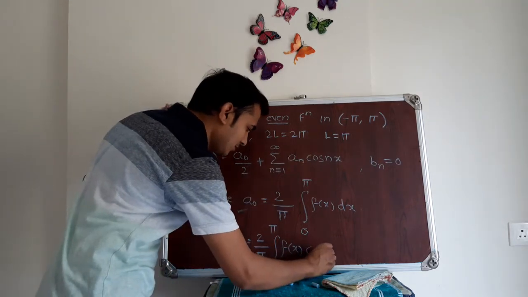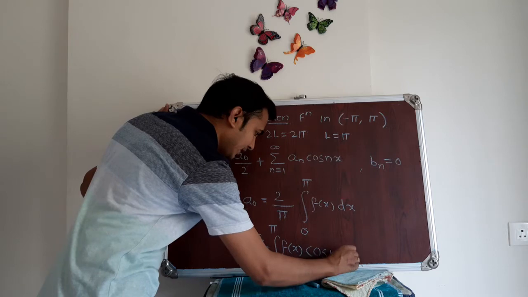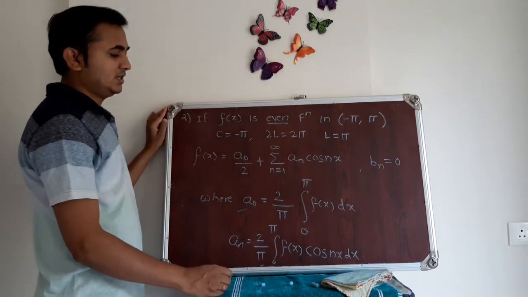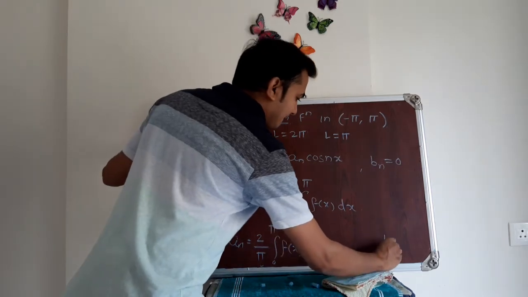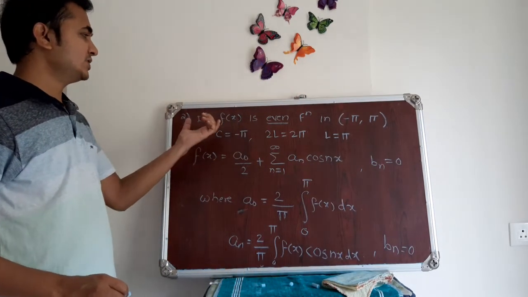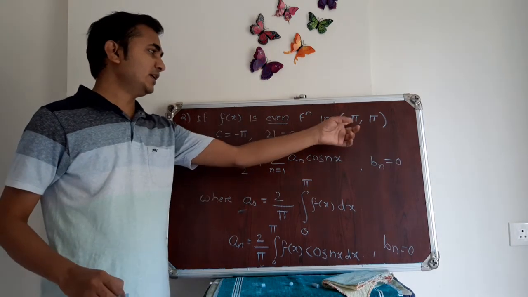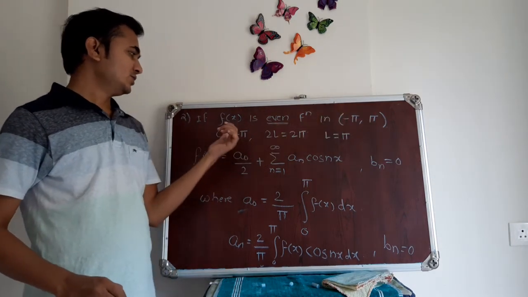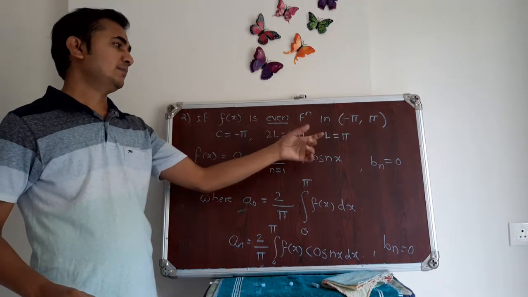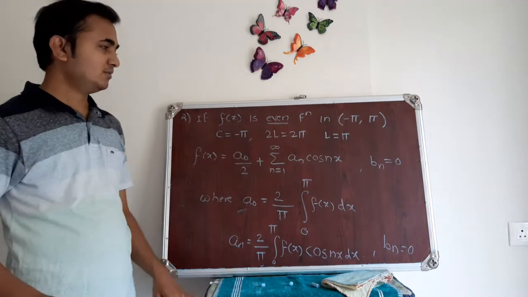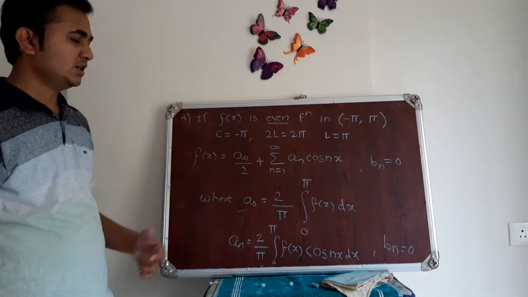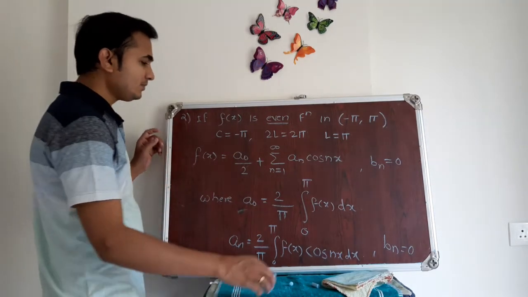You will have cos nx dx. All right, and bn is 0. So this is the second case: f of x is even, defined in minus pi to pi, so c becomes minus pi, 2l becomes 2 pi, l becomes pi. This is how the Fourier coefficients and Fourier series look.